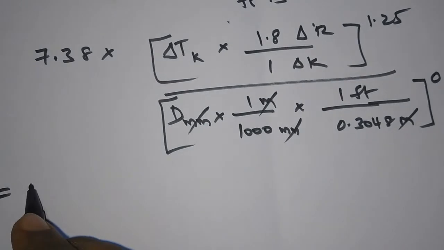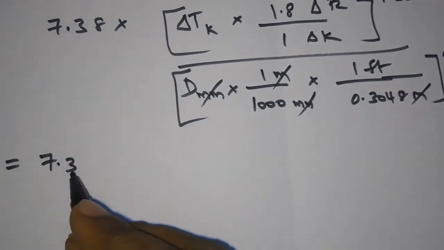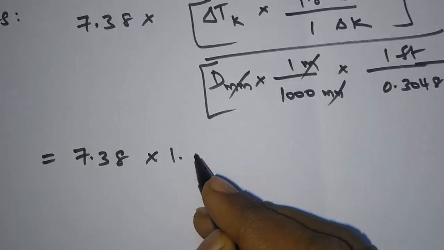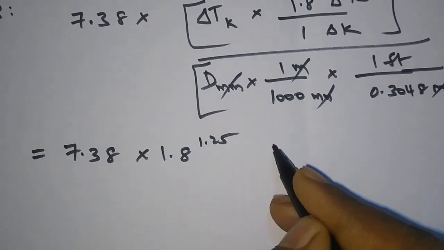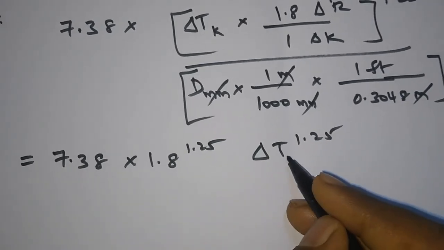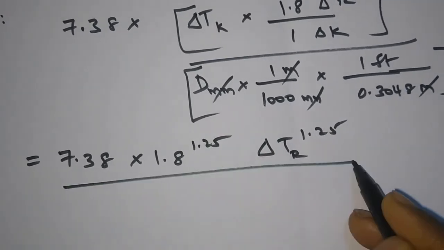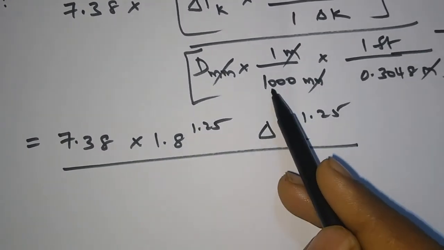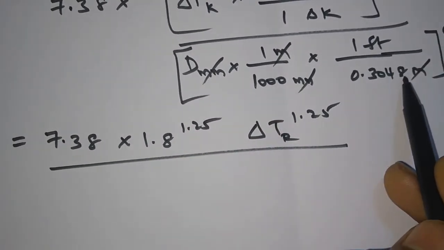So what we get is 7.38 multiplied by 1.8 power 1.25 into delta T power 1.25. So this will be in Rankine, divided by 1 by 304.8.